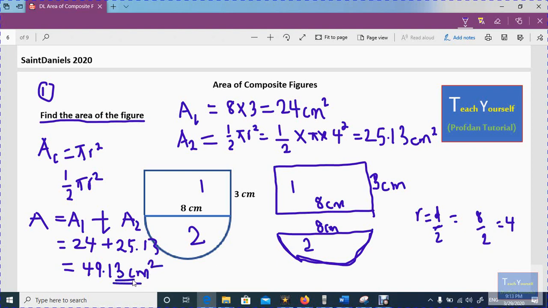Finish. Okay, I hope you understand. Now try to solve more examples. All you need to do is split the composite figures into different parts that you can easily recognize.